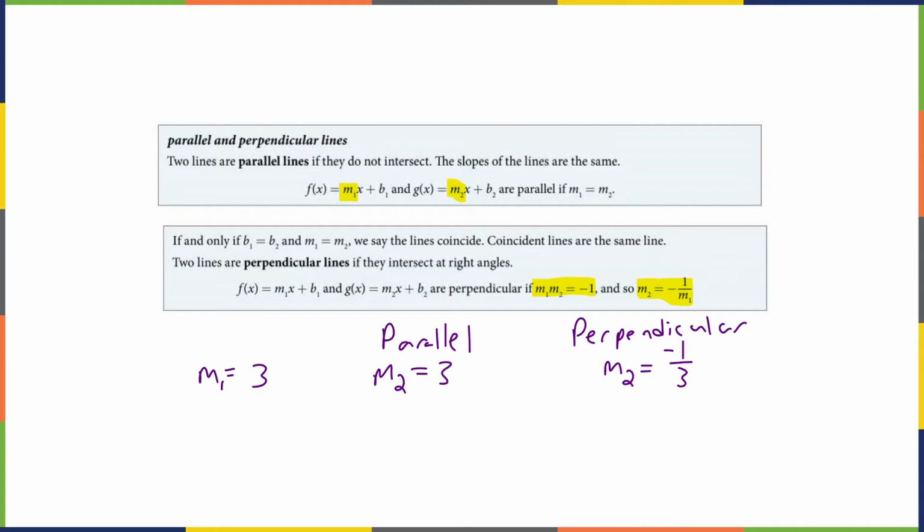What if I gave you an initial slope of 2/5? Actually, let's do -2/5. Well, then the parallel slope will also be -2/5. But for the perpendicular slope, you're going to flip the fraction upside down and change the sign. So -2/5 becomes +5/2 because you've, again, flipped it and changed the sign.